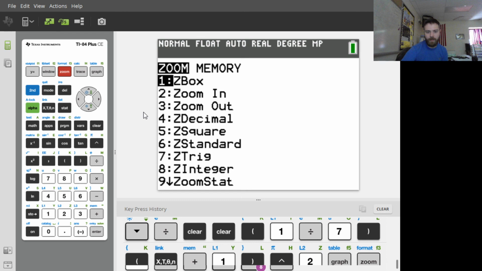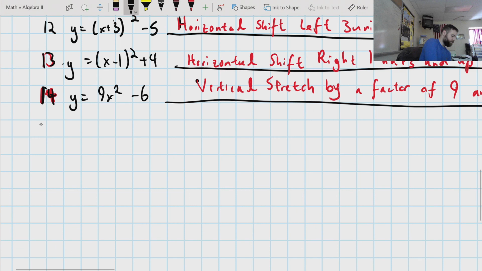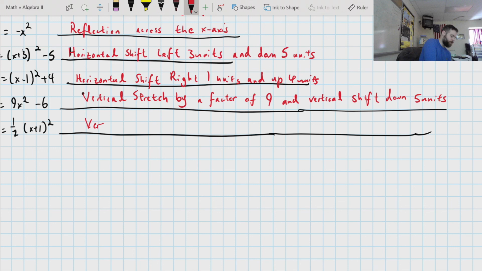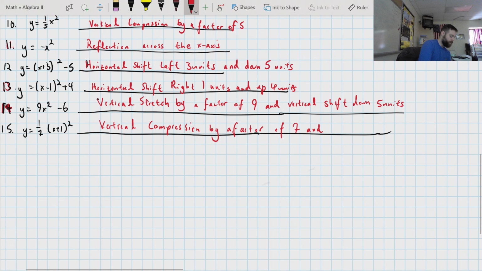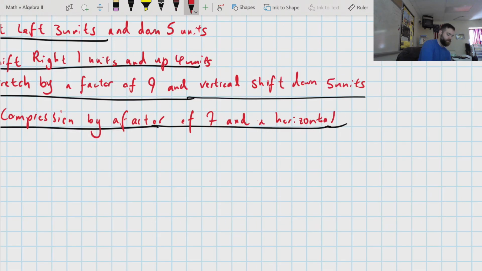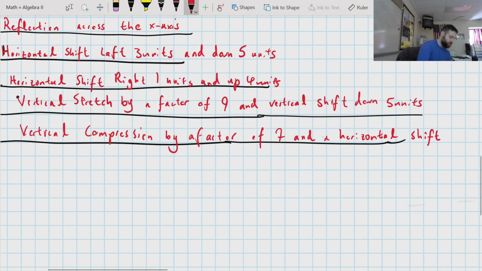So it is a vertical compression by a factor of 7 and a horizontal shift left 1 unit.